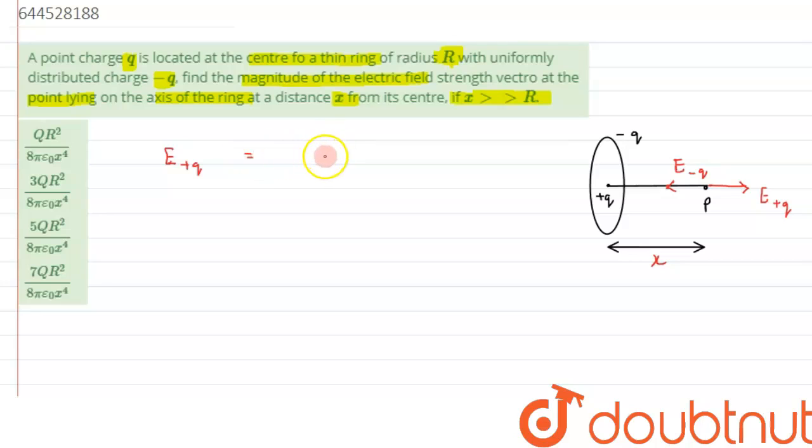In terms of magnitude, the electric field at point P due to this positive charge is given by the formula kq by r square, and the distance between these two points is x, so we can write it as kq by x square. Let's say this is our equation number 1.